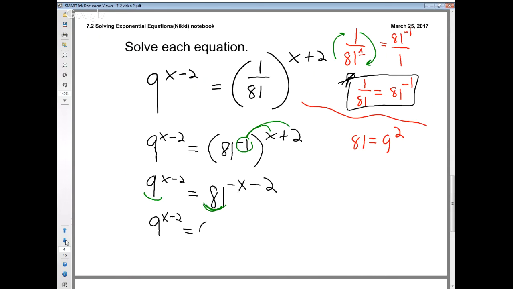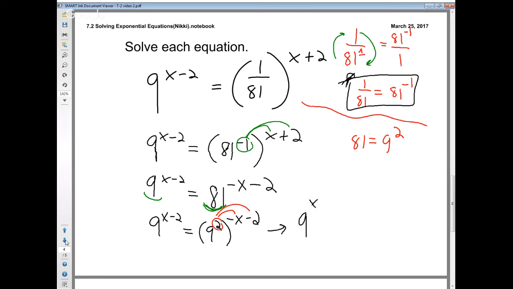So 81, we will now make that 9 squared, but we still have the negative x minus 2 on the outside. And as always, let's go ahead and take that 2 and distribute it to the negative x and the negative 2. Let's do that over here.